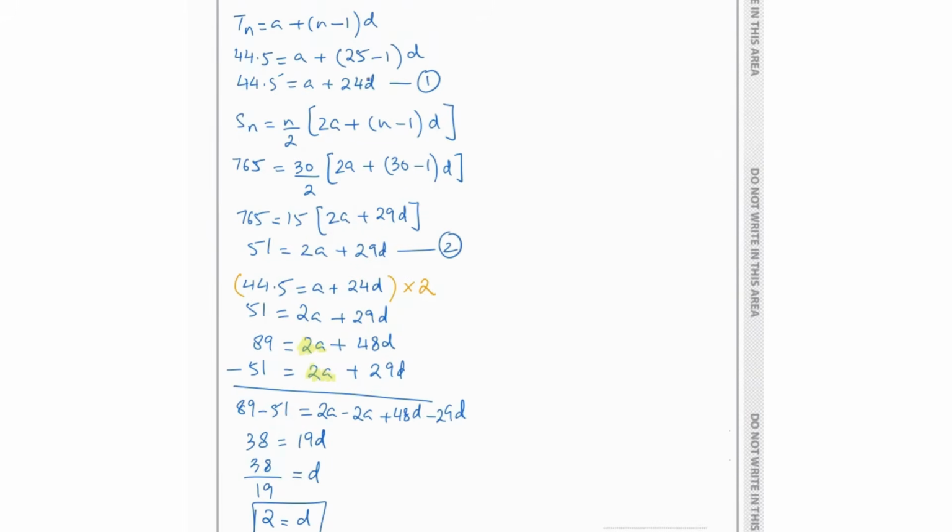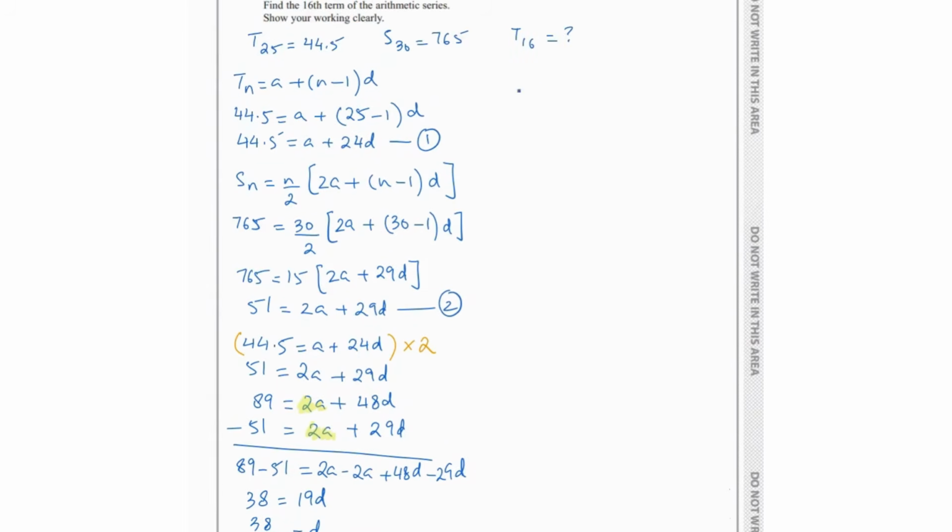Now we put it back into any of the equations. I'm going to pick the second one. So that's going to be 51 minus 58, which is minus 7, so that's minus 3.5.